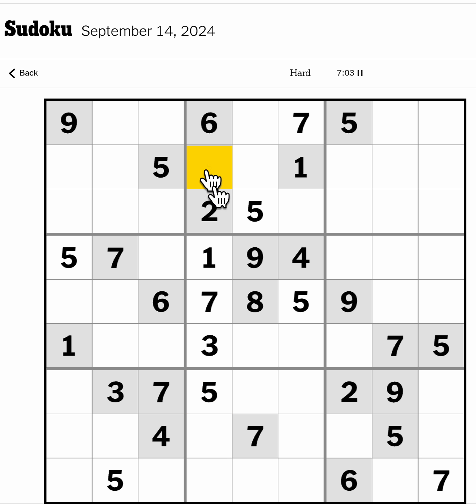Now these are 4, 8, 9, but this cannot be 4 because it's part of 8, 9 double, which is forced by these 8 and 9. 8, 9 is here. 4 here blocks this cell, gives me 4 here. 4 and 4 blocks these 3 cells, gives me 4 here.